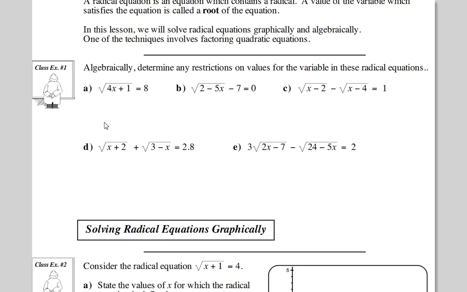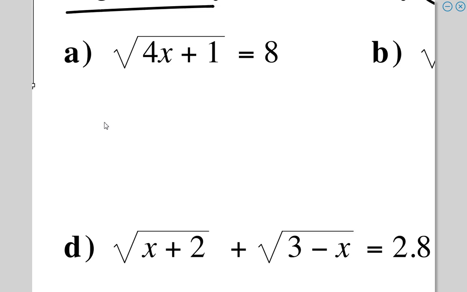So we need to algebraically determine the restrictions on x. What are the restrictions on x? Let's take a look at the first one. In order for this equation to make sense, this thing inside the house has to be what? 0 or bigger. Or else you're going to be square rooting negatives, which is not allowed.